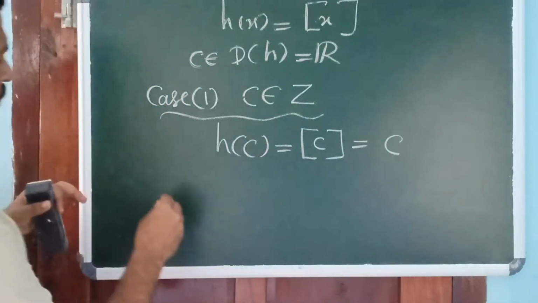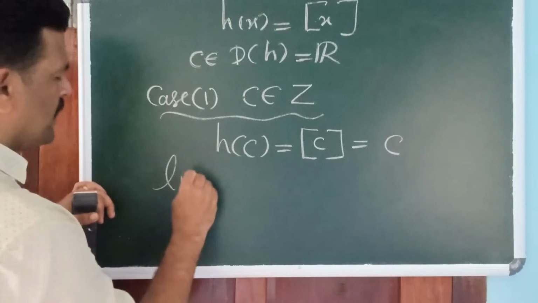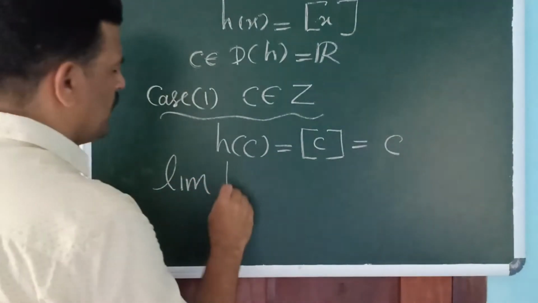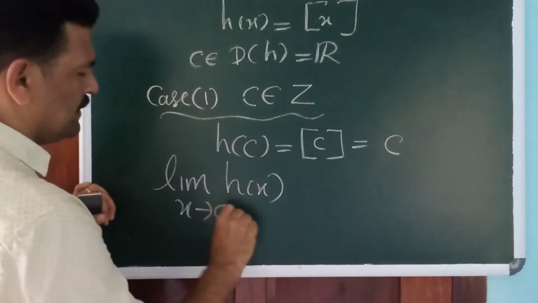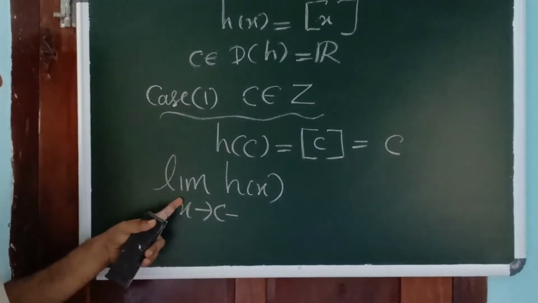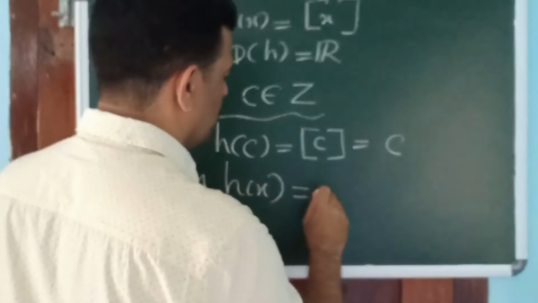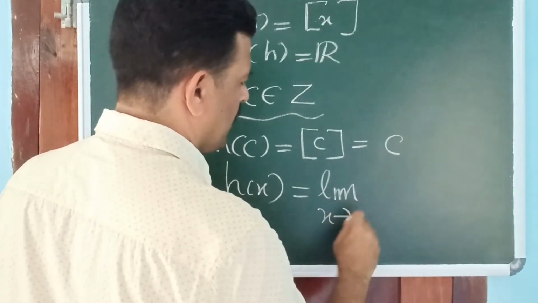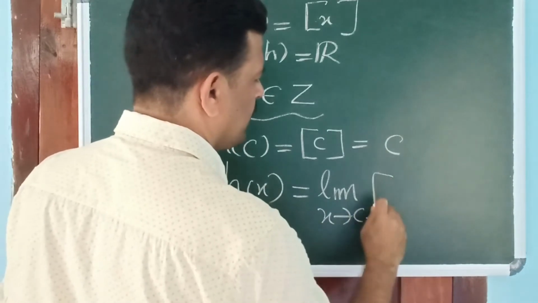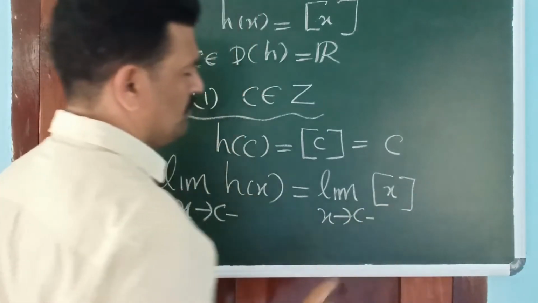ഇനി നെക്സ്റ്റ് നമ്മൾ ചെയ്യുന്നത് ലെഫ്റ്റ് ലിമിറ്റുകളാണ്. ദാറ്റ് ഇസ് ലിമിറ്റ് h of x tends to c minus where c is an integer. That is equal to limit x tends to c minus greatest integer function x.